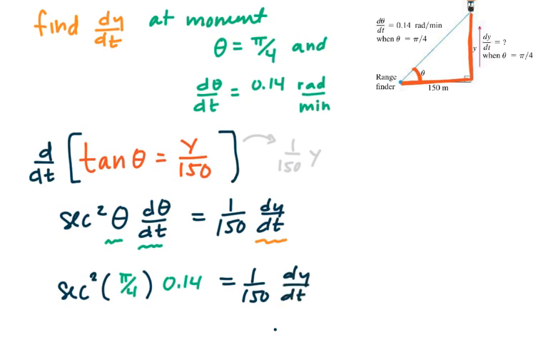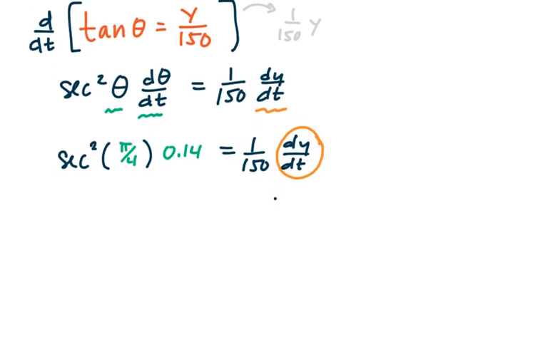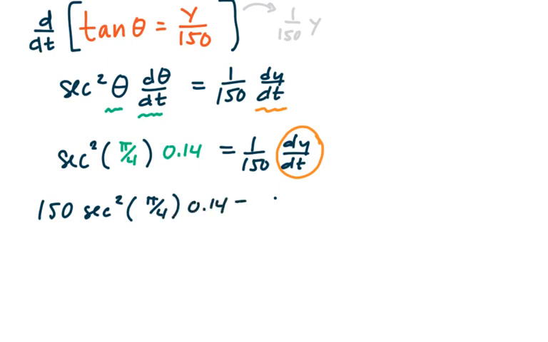And so I only have one variable here to isolate. So at this point, it's just a matter of solving this equation for dy/dt. So I'm going to multiply by 150, and I've got 150 secant squared of pi over 4 times 0.14 is dy/dt.